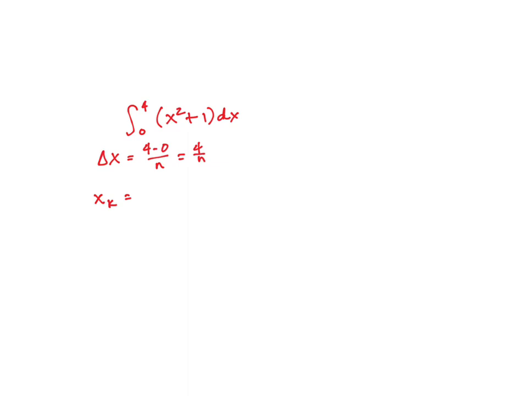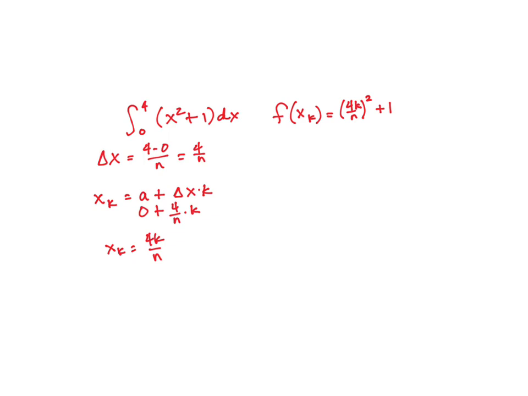What's a? 0. So 0 plus 4 over n times k, or 4k over n. F of x sub k is going to be this function with that x sub k in place of x, so 4k over n squared plus 1.